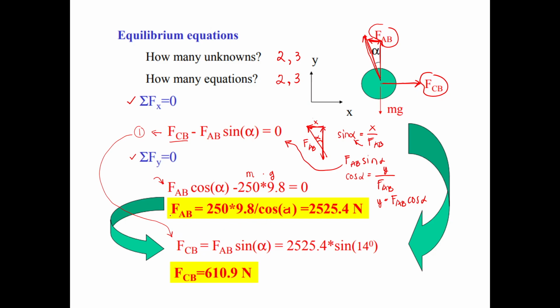With the force of AB as 2525.4 and your F sub CB 610.9 newtons, it will create an equilibrium system wherein the cylinder mass won't be moving left or right. There's no movement involved here because your system is in equilibrium.